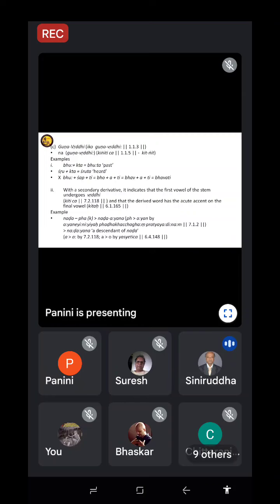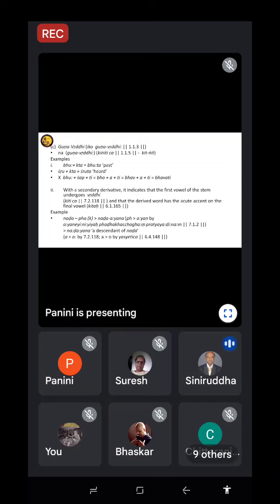Then why are you saying it is kit, when guna does not show in gata, gam dhatu, or jata, ja dhatu? There is no guna there. Then how is ta used there? Why do you make it kit? When you make a rule, it is a general rule. General means what is used first, where the change takes place.